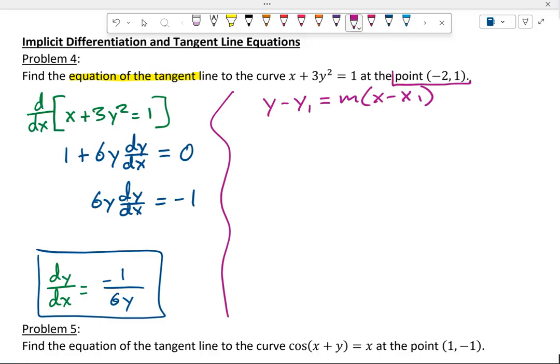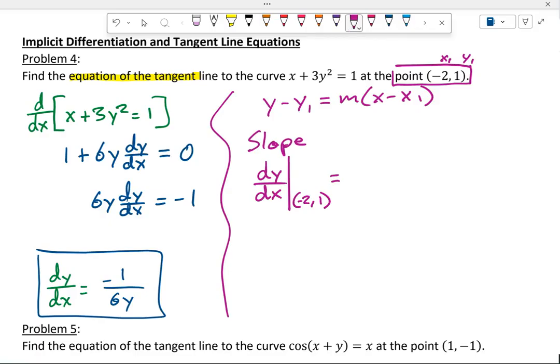It's even labeled point, right? There's our x1, y1. Great. We also need the slope. How do we find the tangent line slope? What do we use? The derivative. Did we just find the derivative? Yes. So that is dy dx at the point (-2, 1).